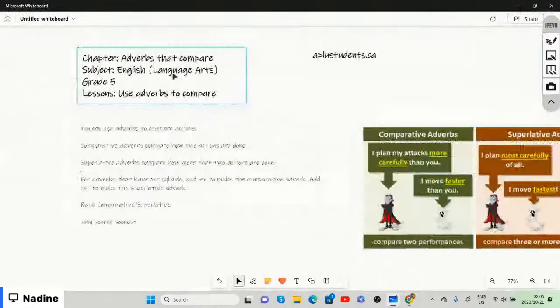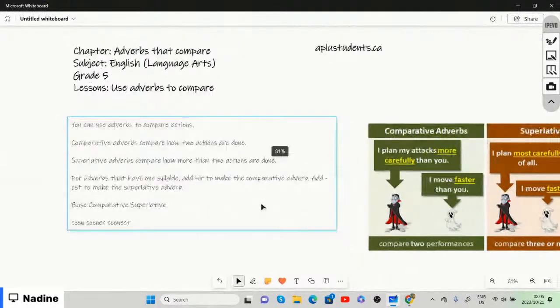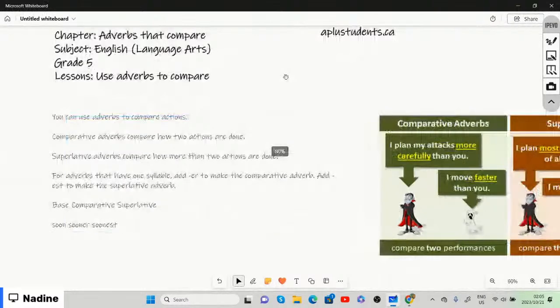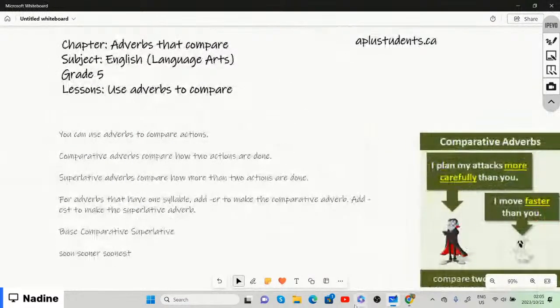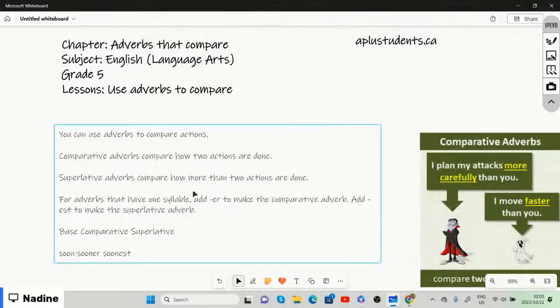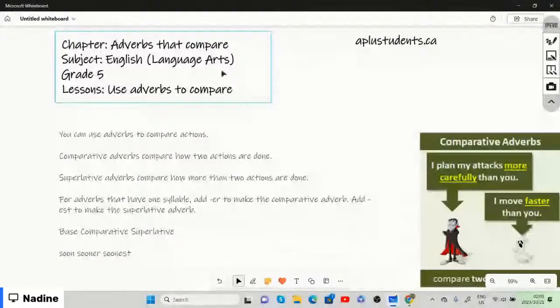All right, so with our grade 5 lesson on adverbs that compare, our chapter that we are focusing on today is adverbs that compare. Our subject is English language arts, grade 5.